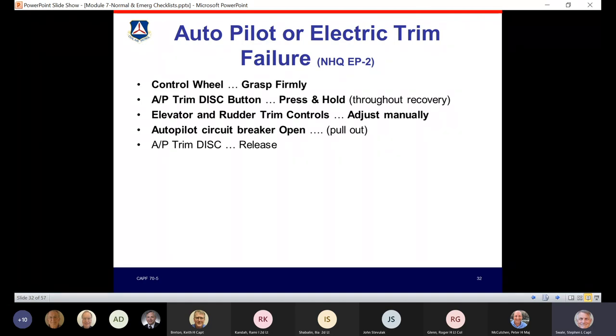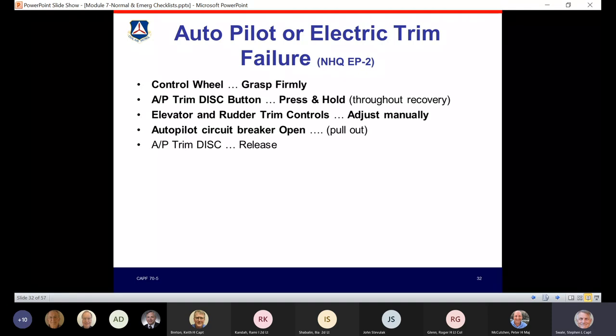You need to think, how would I ever think that I was having this problem? I think in my mind that it's going to be a nose up or a nose down excursion going one way or the other, and I have no idea why that's happening. My natural instinct would be to grab the control wheel and counter what the nose is doing, and that's what the first item is.